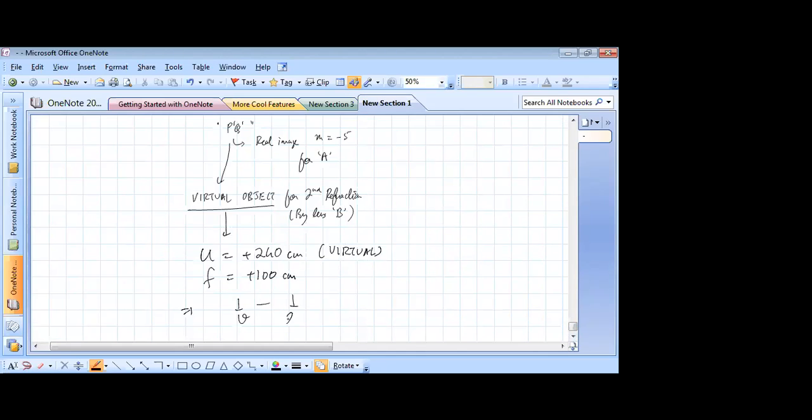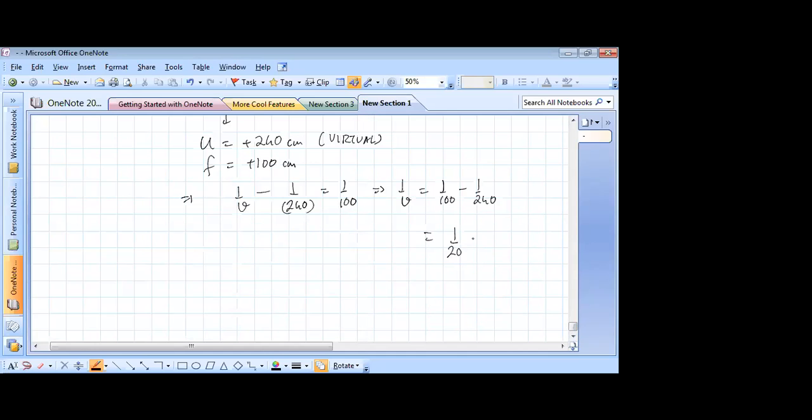So 1 by V minus 1 by U is equal to 1 by F. Which one is 540?